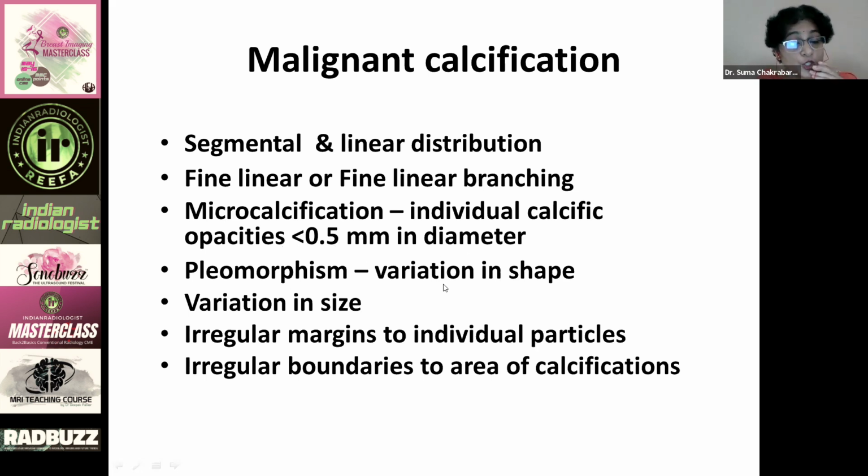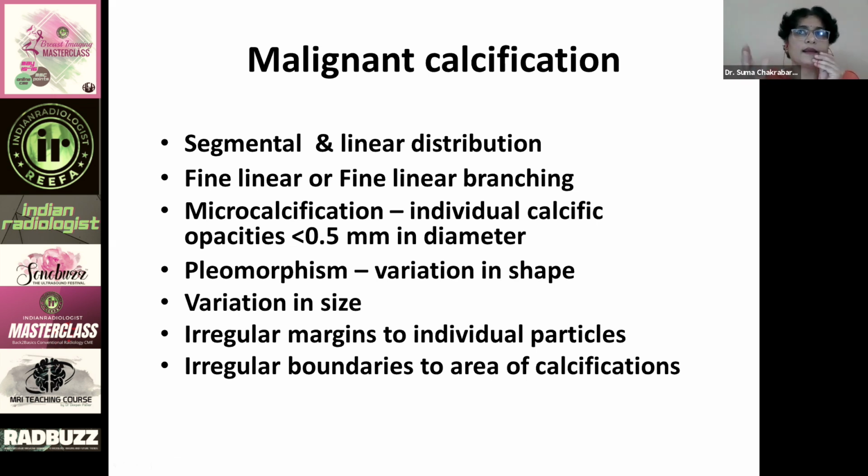If there is a variation in shape, variation in size, and when you do the magnification view, we've got to look at the individual particles. If these individual particles have irregular margins, the entire area of calcification has irregular boundaries, then it tends to be malignant.